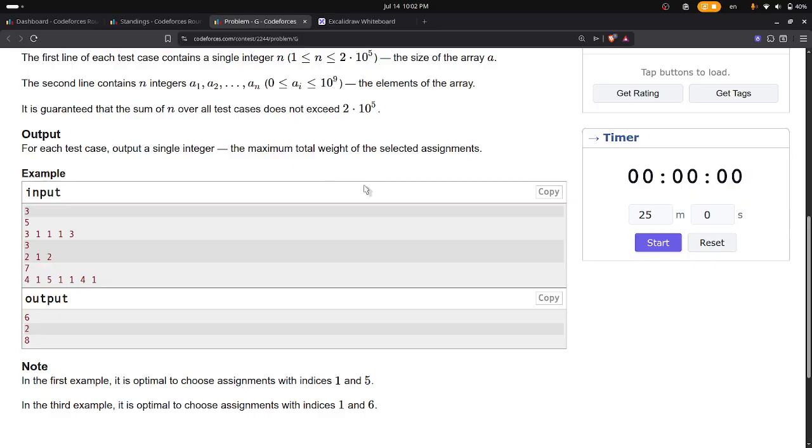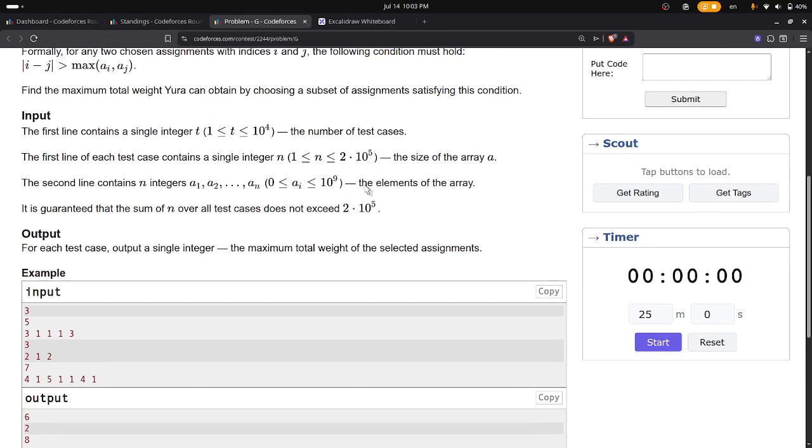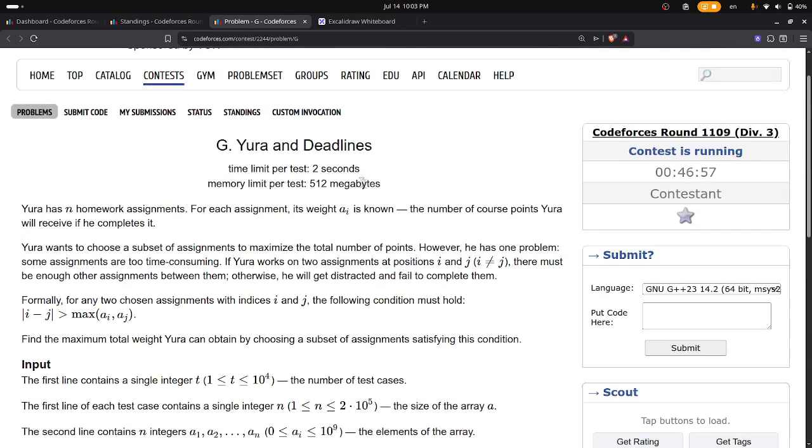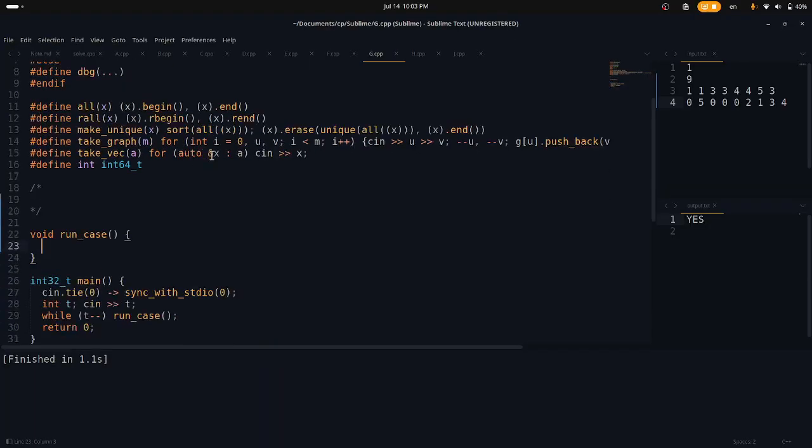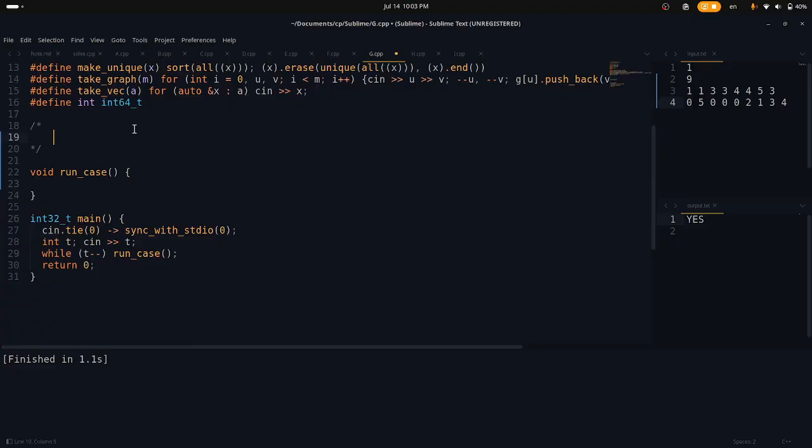So problem Z is kind of like this: we are given an array of integers.